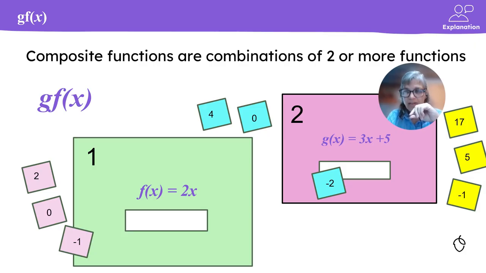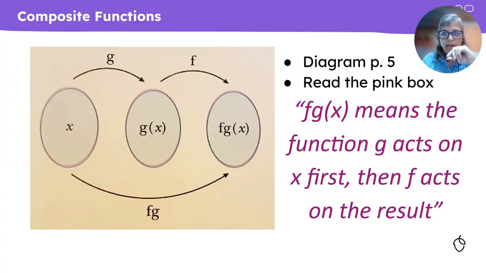Your textbook has a little diagram under section 1.3 of composite functions. It's on page 5 if you want to turn in your textbook and look at that. I find the diagram a little bit hard to read at first, but if you read the pink box, it helps to explain it. It says fg of x means the function g acts on x first, and then f acts on the result.